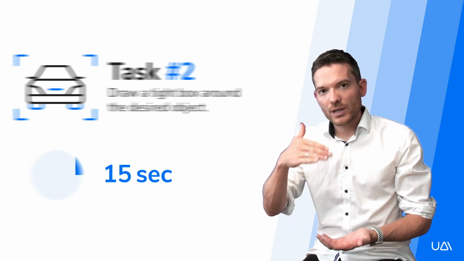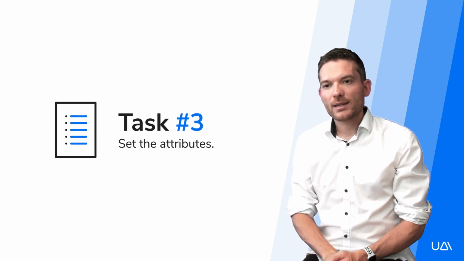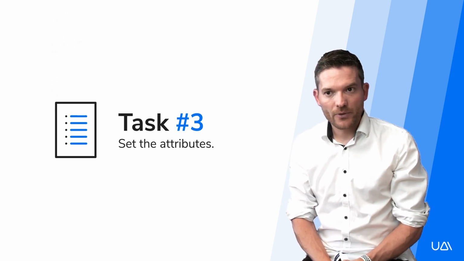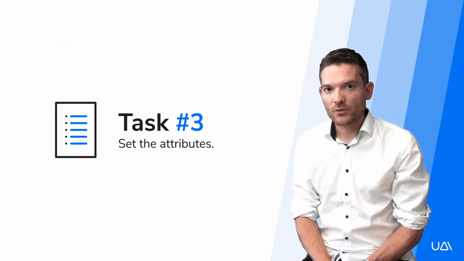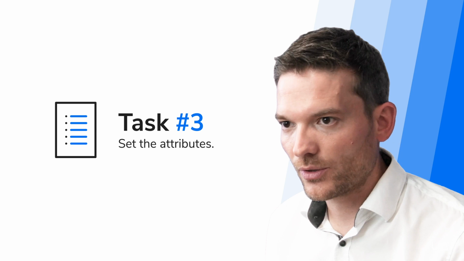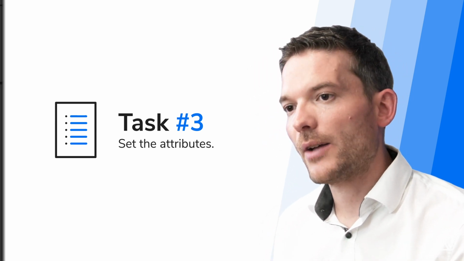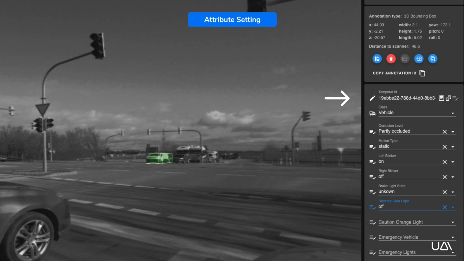Then you move on to the third task. It's typically not enough to just have a box which is classified to be a car or a pedestrian or a motorcycle, for example. What you also need is certain attributes which better describe the object. Let's say you have a car. You would also be interested in turning signals, braking lights. Is it an emergency vehicle or not? Are there caution orange lights on or not?